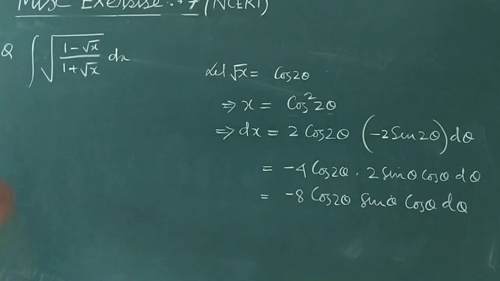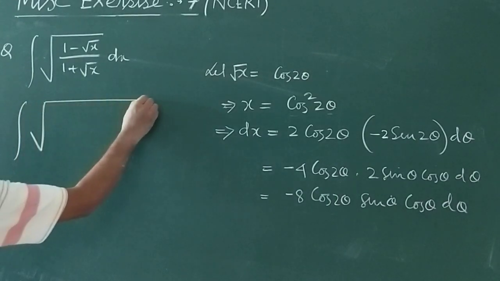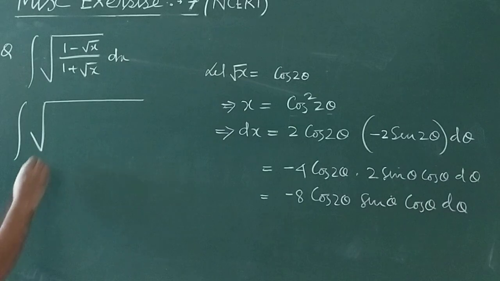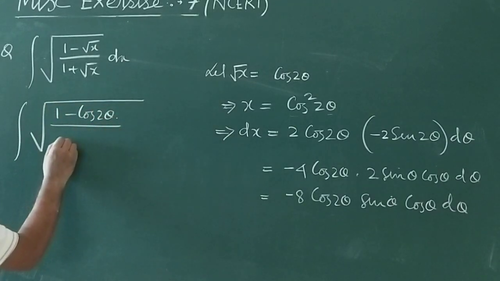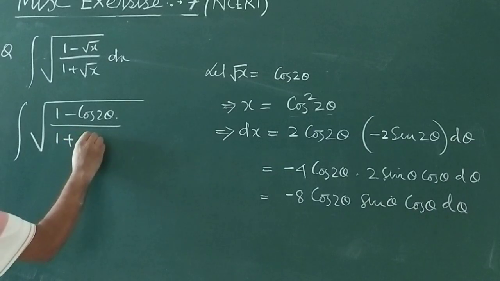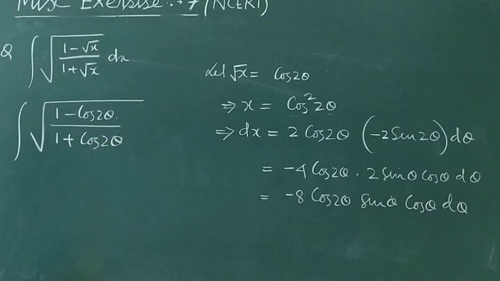Now comes to the integral. So your integral becomes 1 minus cos 2 theta divided by 1 plus cos 2 theta. I am replacing root x equal to cos 2 theta. Okay.